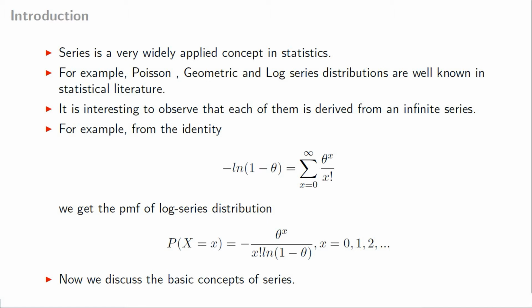For example, we can look at the identity that minus log(1 minus theta) equals summation x from 0 to infinity theta to the power x by x factorial, for theta lying in the open interval (0, 1), and we get the PMF of the log series distribution as probability that capital X equals small x as minus theta to the power x by x factorial multiplied by log(1 minus theta), for x ranging from 0, 1 up to infinity.